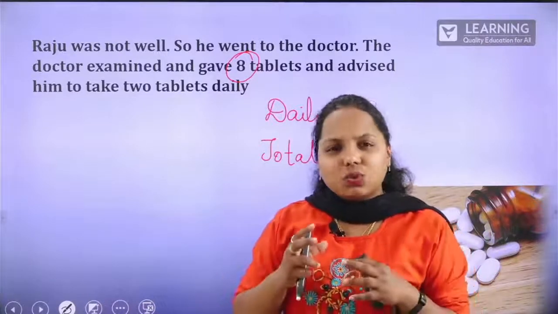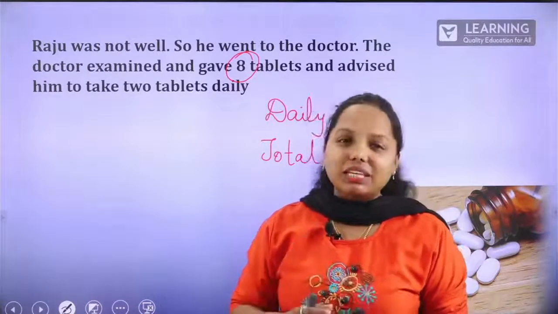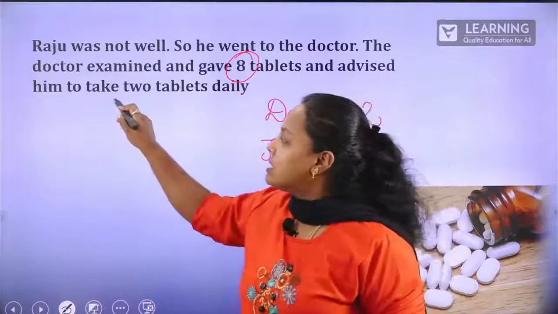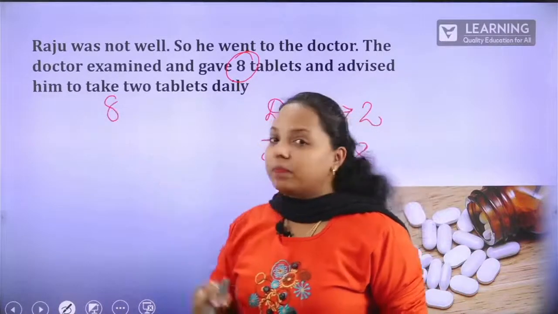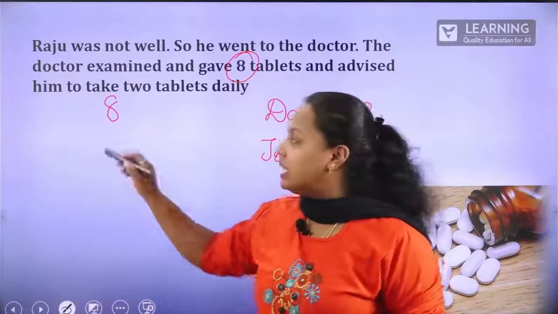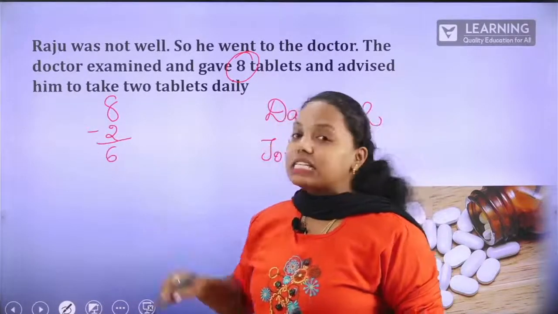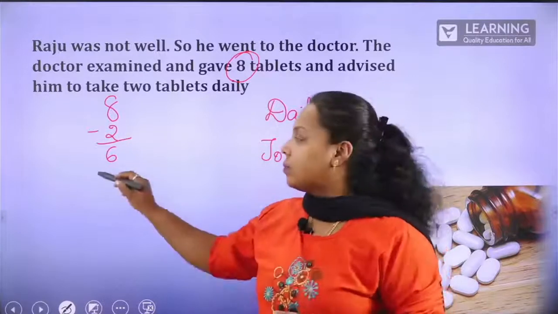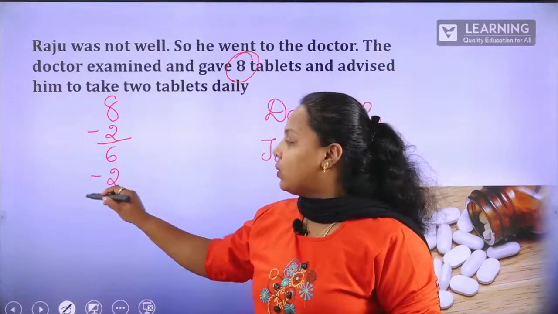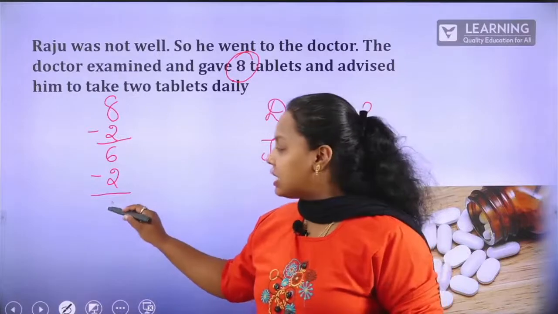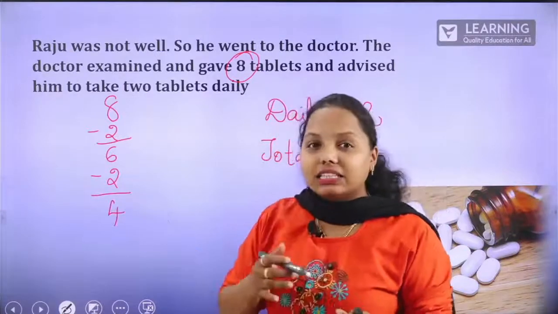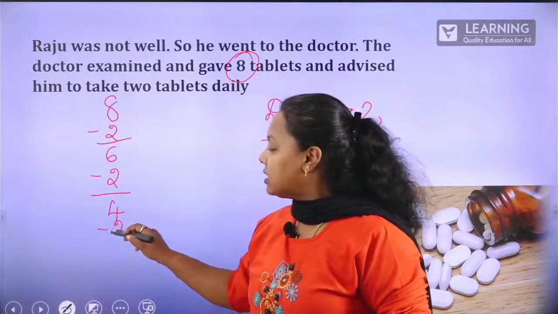This is quite interesting, but there is an easy method. Suppose the number of tablets you start with is 8. On the first day when he takes them, 2 tablets are subtracted, so that is nothing but 6. Again the second day, 2 tablets are subtracted. What is the remaining? It is 4. Again the third day, again 2 tablets are subtracted.